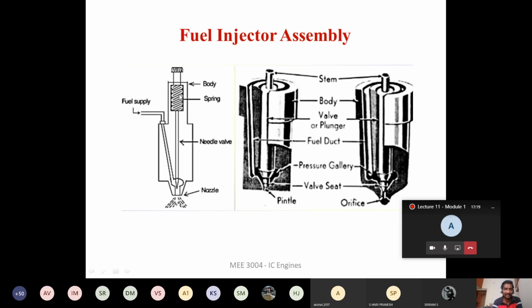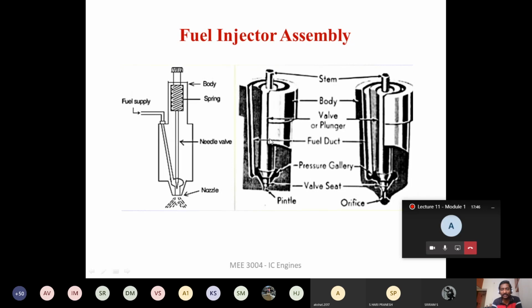When it is de-energized, then by the action of the spring, the needle valve is going to close the orifice. So we need to have a needle valve for closing and opening of the orifice, and a nozzle. This is a complete fuel injector assembly. At the top, we are going to have a spring to close the needle valve.